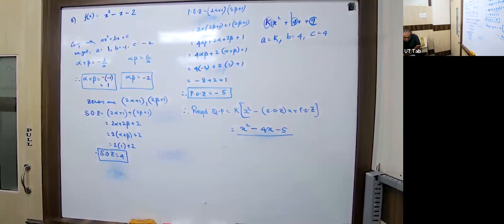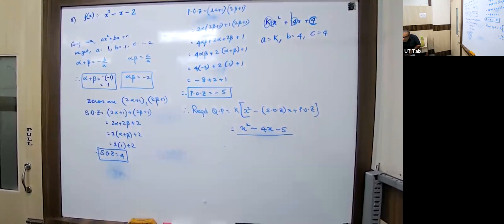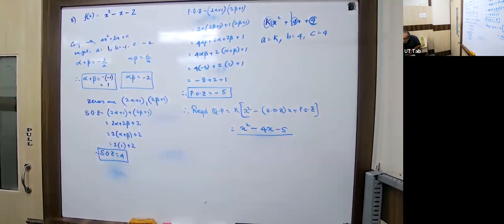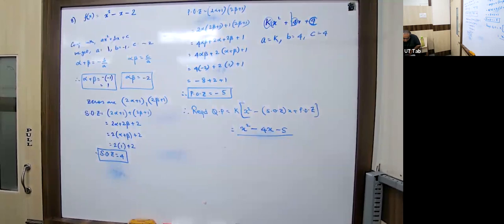Then in 3.7, classwork, only question number 16 and 17 are deleted. Homework, everything is there.